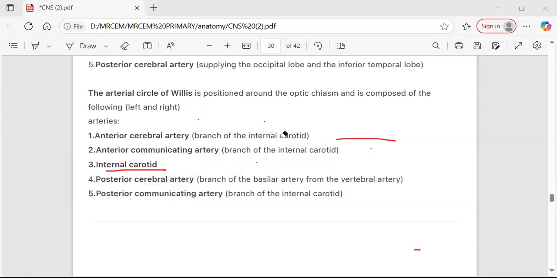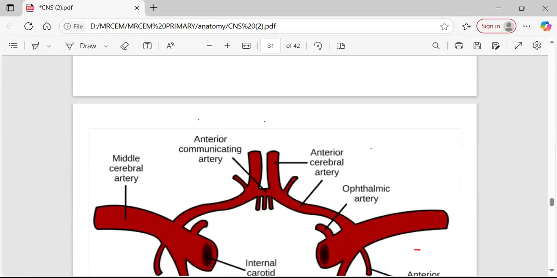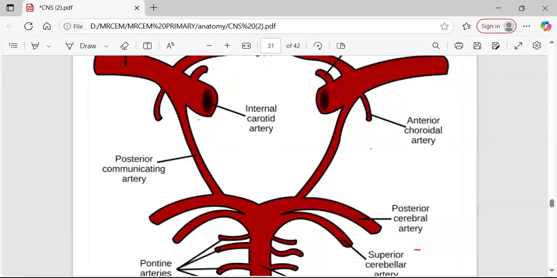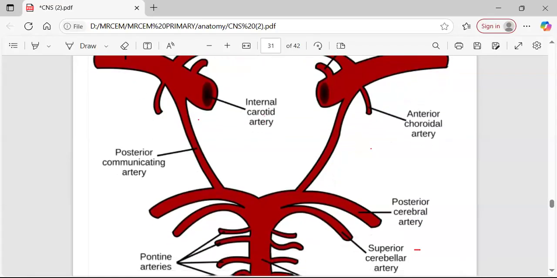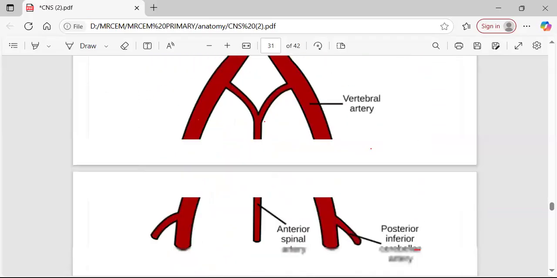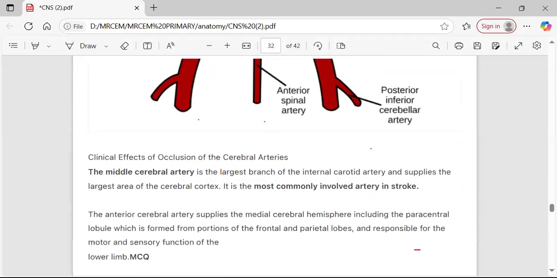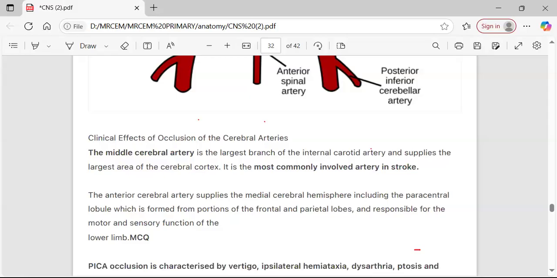That has been asked previously many times, which arteries are involved. The middle cerebral artery is the most commonly involved artery in stroke. You must remember about it.